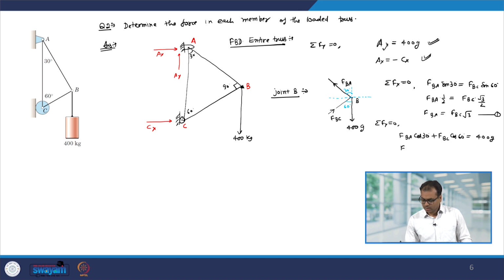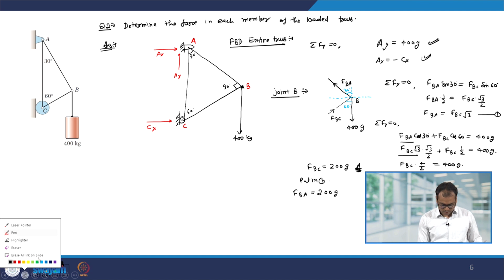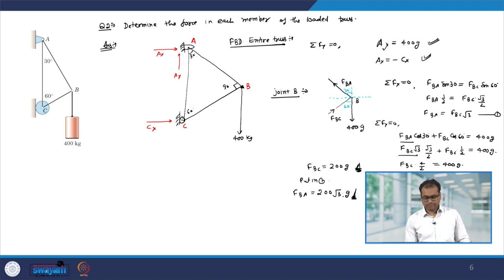So, I get FBA from equation number 1 is FBC square root 3, and cos 30 is square root 3 by 2, plus FBC half, equal to 400 G. So, I get FBC into 4 by 2 equal to 400 G, or FBC equal to 200 G. And if I put it in equation number 1, then I get FBA equal to 200 square root 3 into G. So, I calculated the force along BC and along BA.